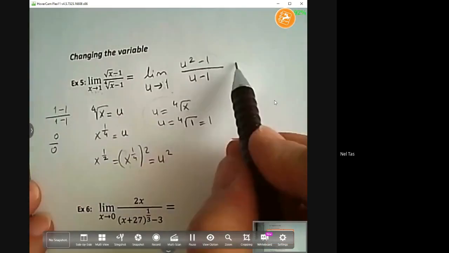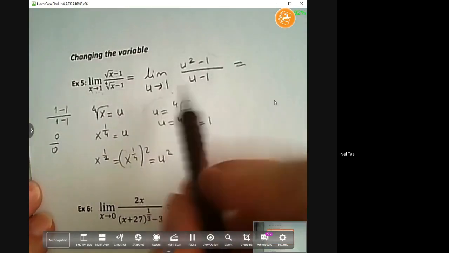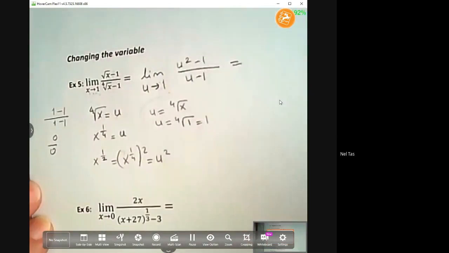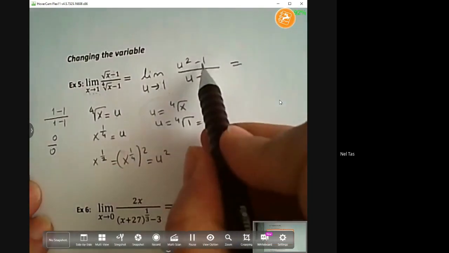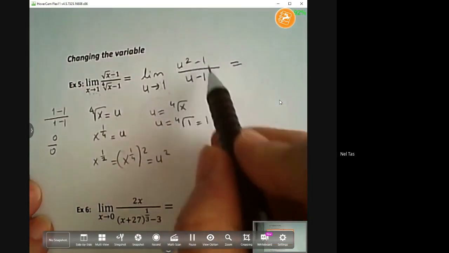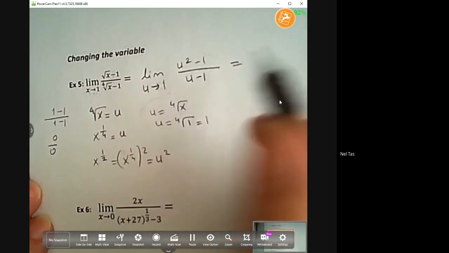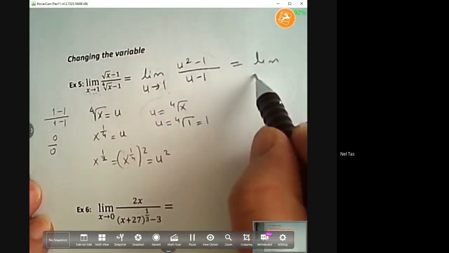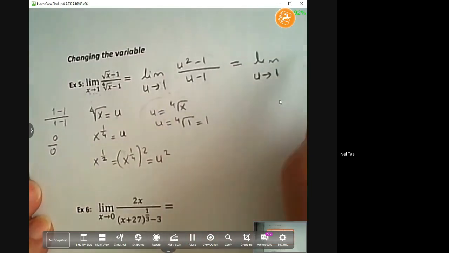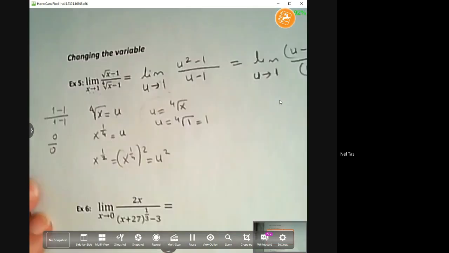Okay? So after you change the variable, you see that this stuff can now be factored, right? So limit as u approaches 1. u squared minus 1 can be factored as u minus 1 times u plus 1, over u minus 1.